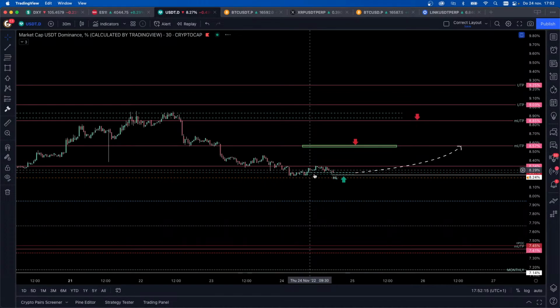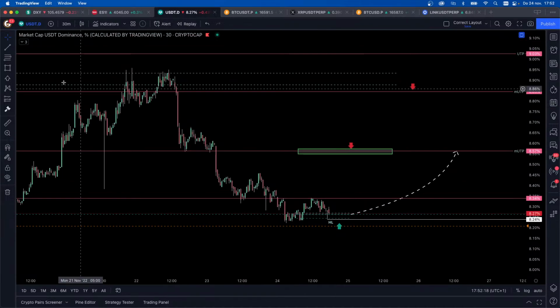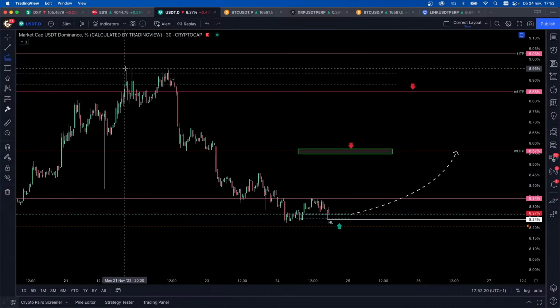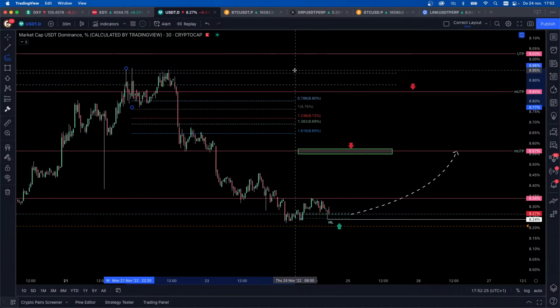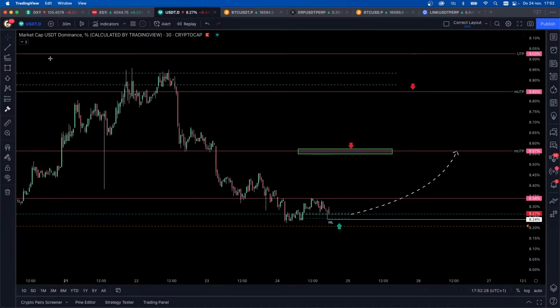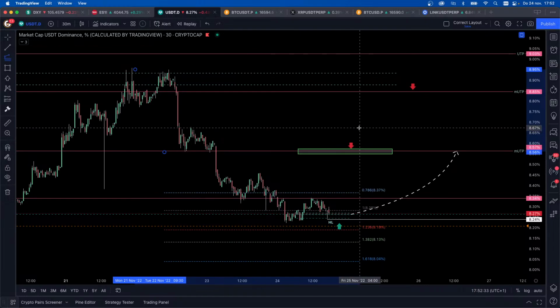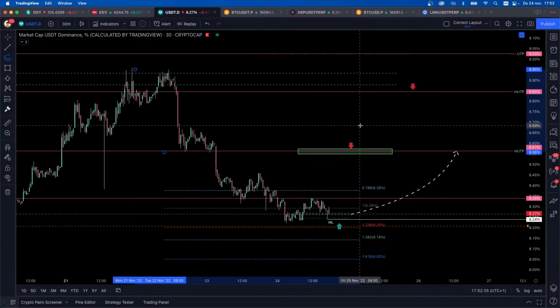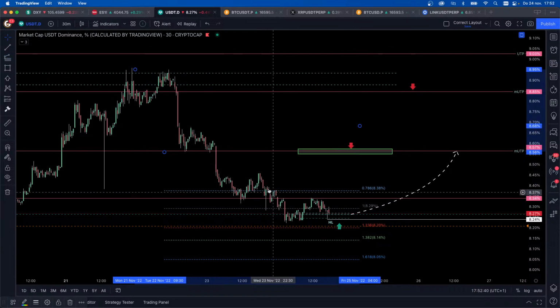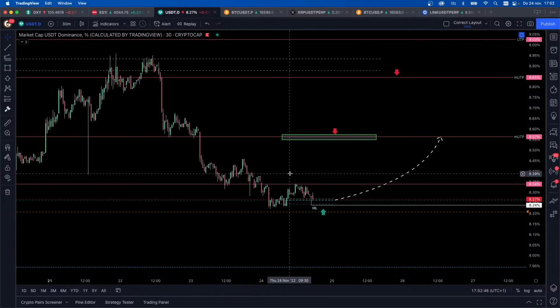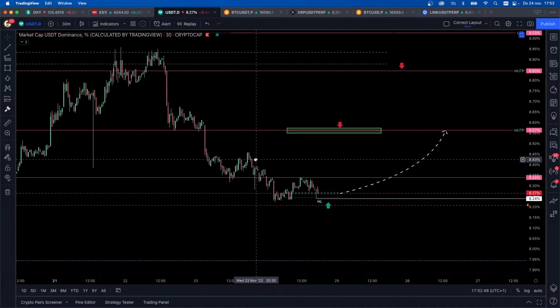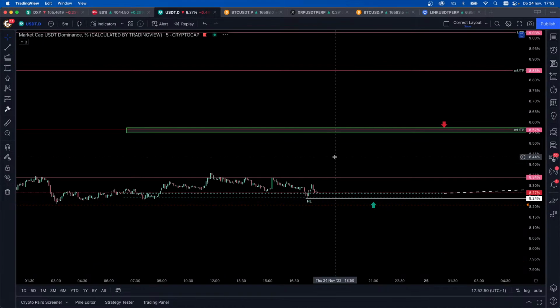And if we use Elliott wave, very difficult to use Elliott wave.